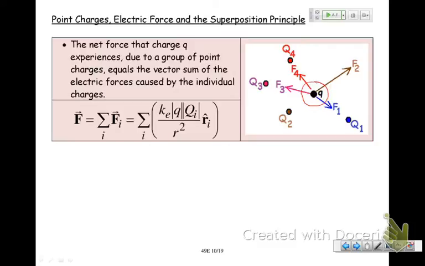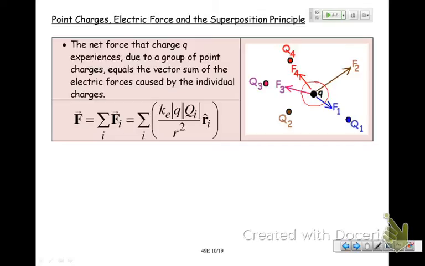I could do this same question and ask you about charge big Q2, or charge big Q3. You'd draw different arrows, you'd have different vector magnitudes and directions, but in principle it's the same problem. The idea is that there's always a net force on something.